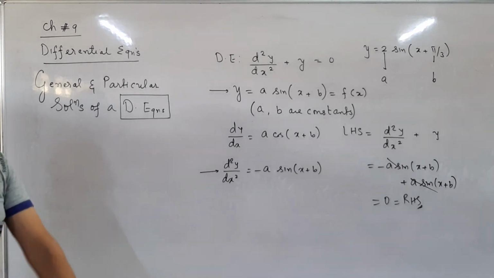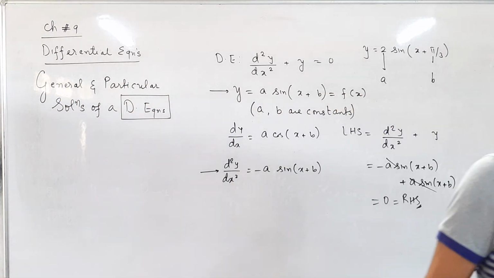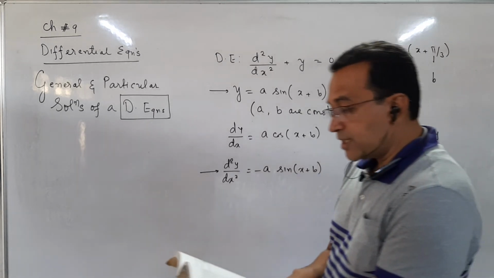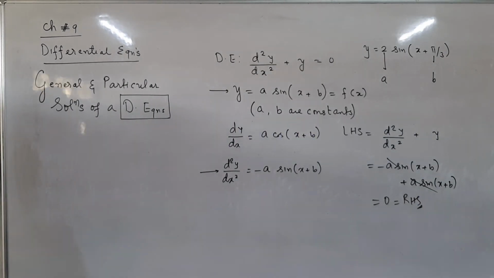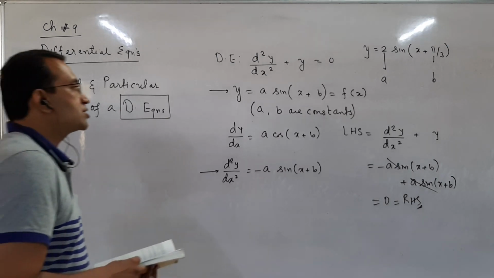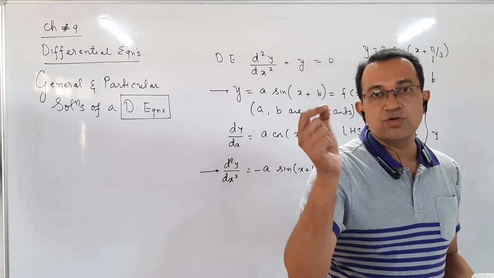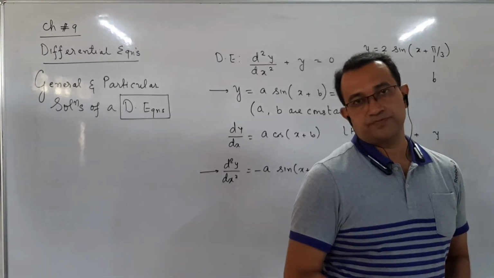So when the values of the constants are specified in the solution, such a solution is called a particular solution of a differential equation. The solution which contains arbitrary constants is called a general solution, and the solution where the constants are given particular values is called a particular solution of the differential equation.